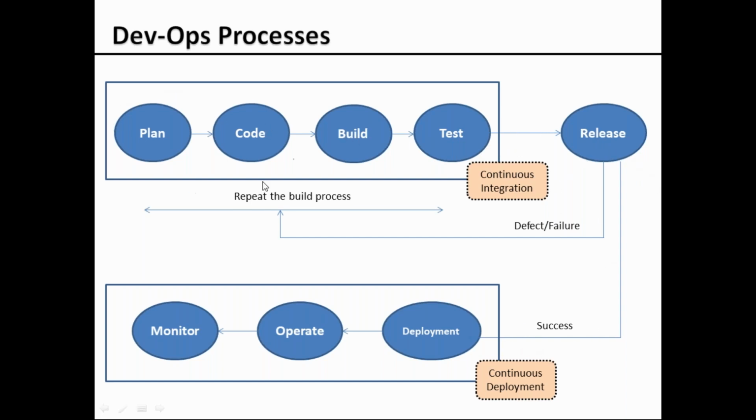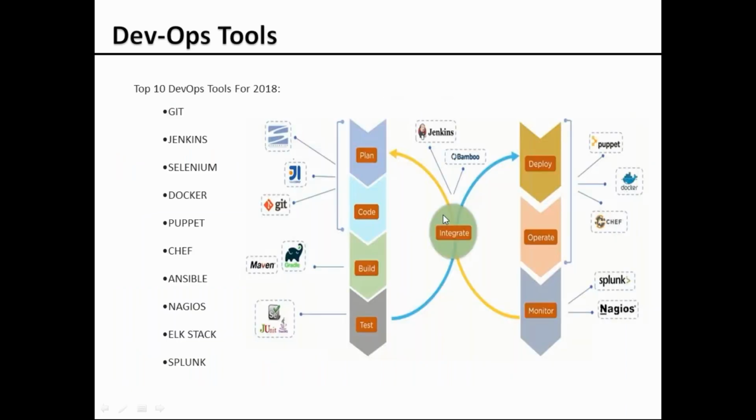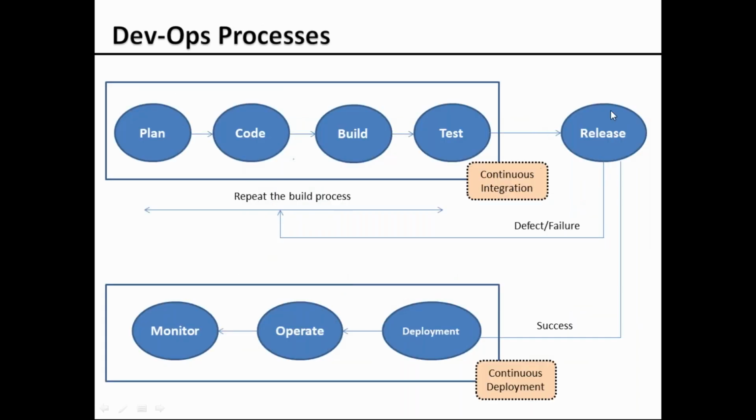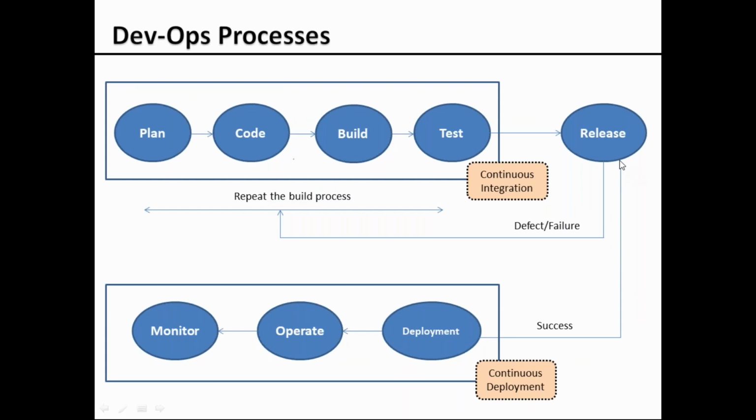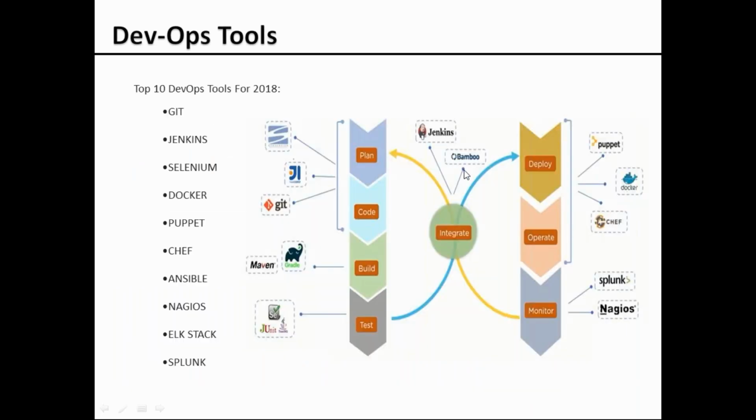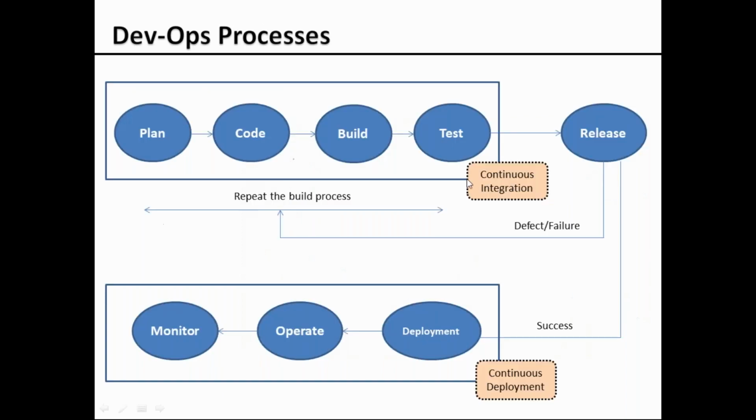We have separate tools to do all this continuous integration. That's what we have seen here, right? Now once this is finalized, it has to go to the operations team to deploy and release, right? For that, there are intermediate tools of DevOps, a few of which I have mentioned, Jenkins and Bamboo.